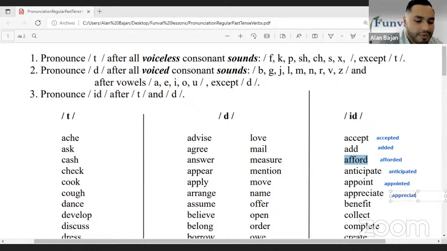Appreciate, appreciated. For these verbs, I can read them as it is in past tense. Verbs that end with the sound of the T and the D.